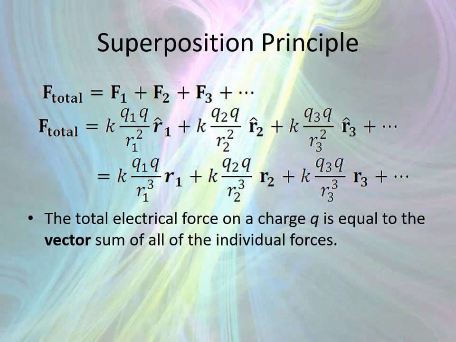Remember, the superposition principle, back from kindergarten physics, tells you that whenever you're dealing with a vector field or any sort of vector force law, the net force on some object is equal to the force due to one object on it, plus the force due to another object on it, plus the force due to a third object on it, etc. What that means is that the force acting on an object due to some random assortment of other objects around has nothing to do with the forces of those objects on each other.